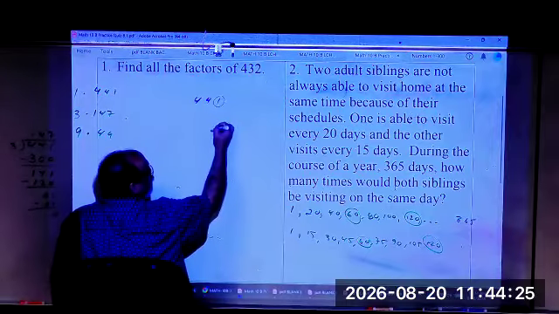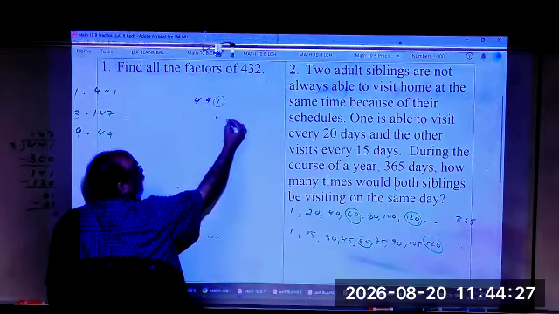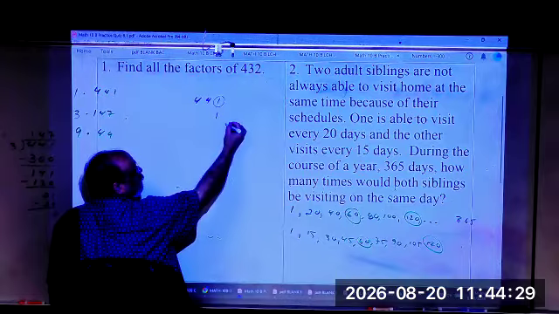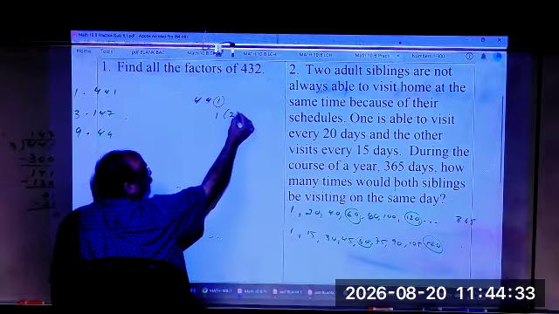We take this last digit, the 1, and we double it, and we get 2, and then we subtract it from the other 2 numbers. 44 minus 2 is 42. Is this number divisible by 7?